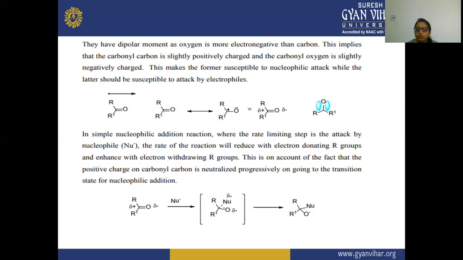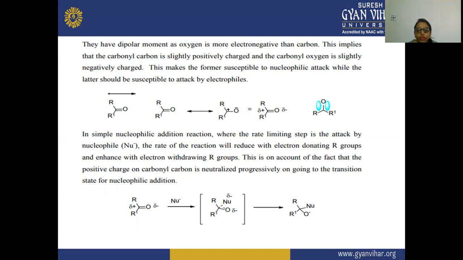A nucleophile has the capacity to donate electrons, and oxygen has more electrons, so an electrophile, which has a deficiency of electrons, will attack the oxygen.